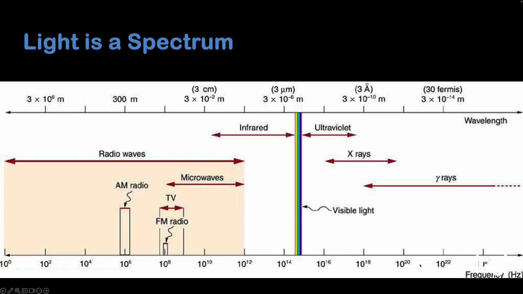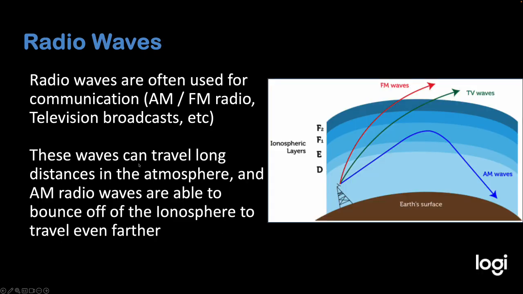And it actually has a shorter frequency. So we know frequency and wavelength are inverses of each other. So when we go to very long wavelengths, we're at short frequencies, and very tiny wavelengths are very big frequencies. So these AM radios are longer wavelength than FM radios.